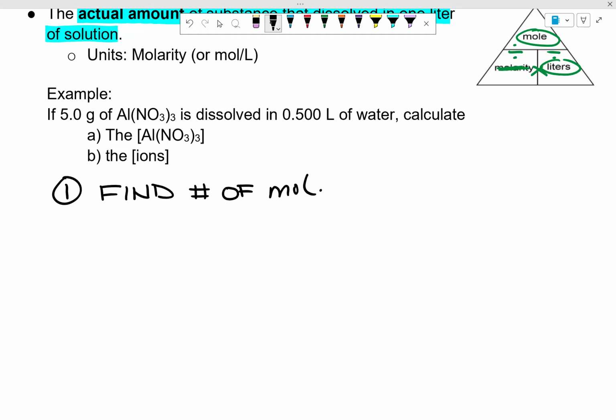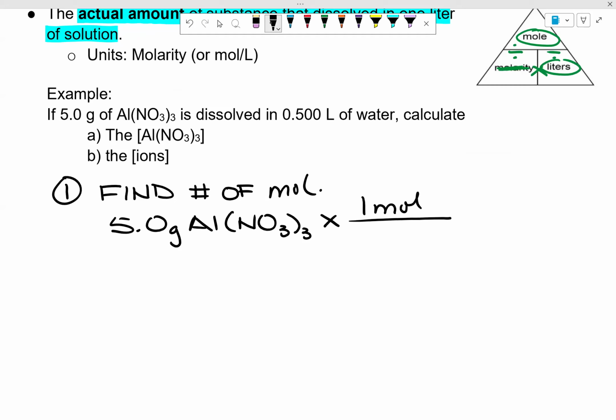We have 5.0 grams of aluminum nitrate, Al(NO3)3, times 1 mole over the molar mass of aluminum nitrate.